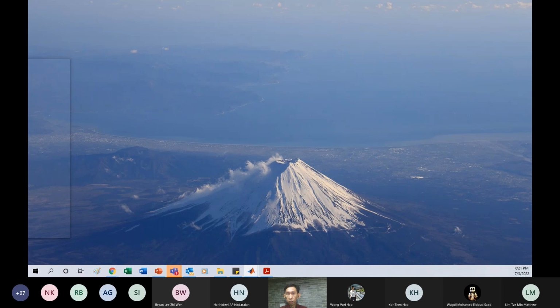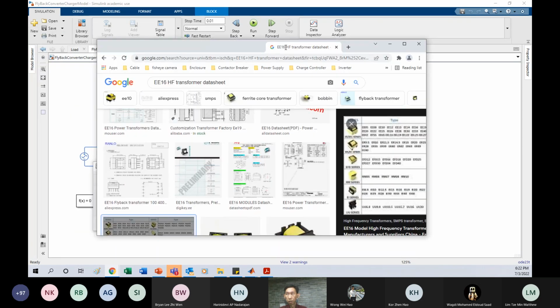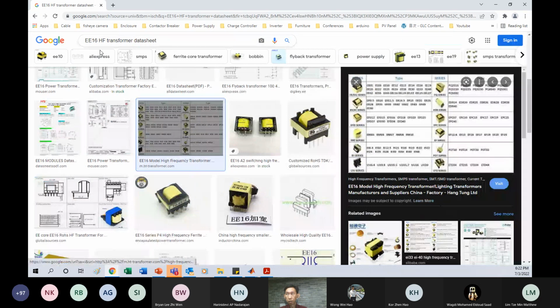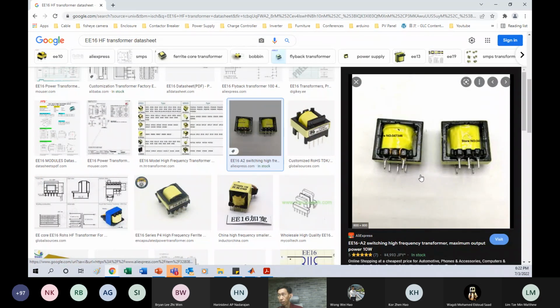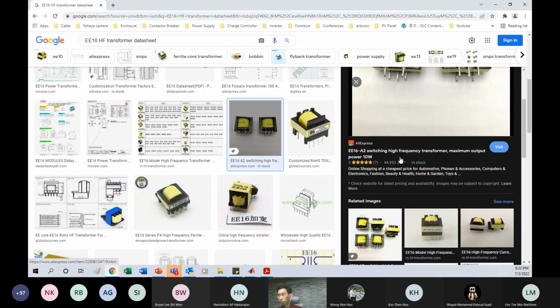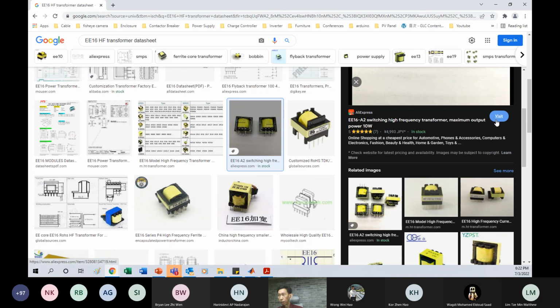You can try Google to see this high frequency transformer. There are plenty of them, EE like 16. You can see they actually have many of them, like this one on AliExpress. This is how a real 10 watt transformer looks like.